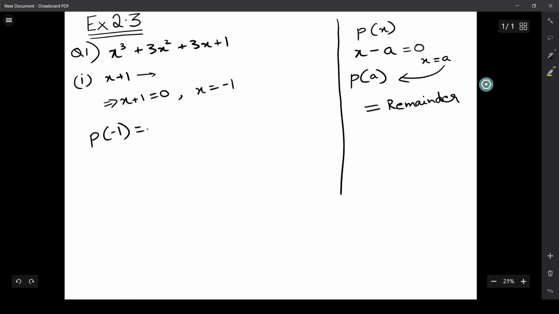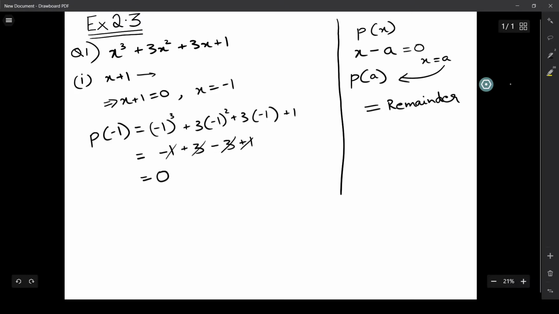When I take p of minus 1, it will give me the remainder, which is minus 1 cube plus 3 into minus 1 square plus 3 into minus 1 plus 1. This gives me minus 1 plus 3 minus 3 plus 1, and the remainder is 0.